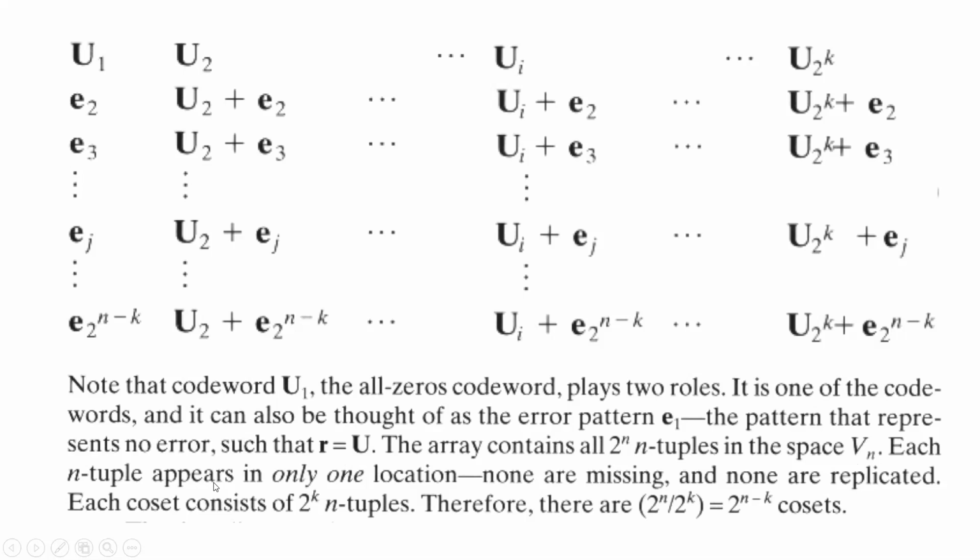Each n-tuple appears in only one location, none are missing and none are replicated. Each coset consists of 2^k n-tuples. So coset means every row.